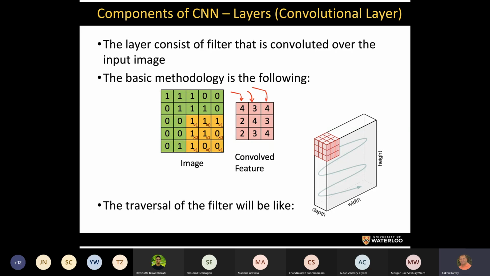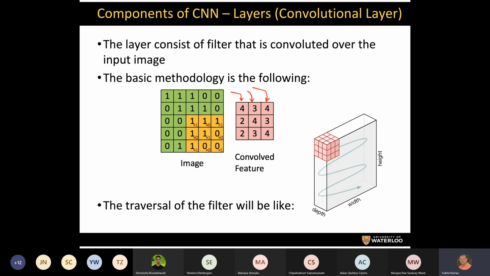It's exactly the same thing as the convolution of a signal. I will show you in another set of slides how we can represent it mathematically, but this is a visual representation for this particular image. Then we do this for all the types of filters required for that system. The system is going to give us a certain output, and for each one of the layers there is what is known as the depth.